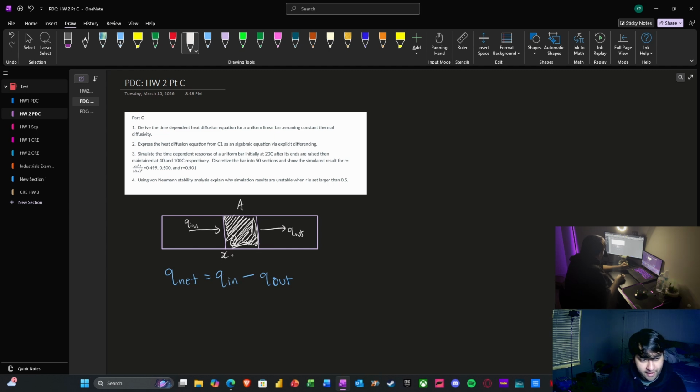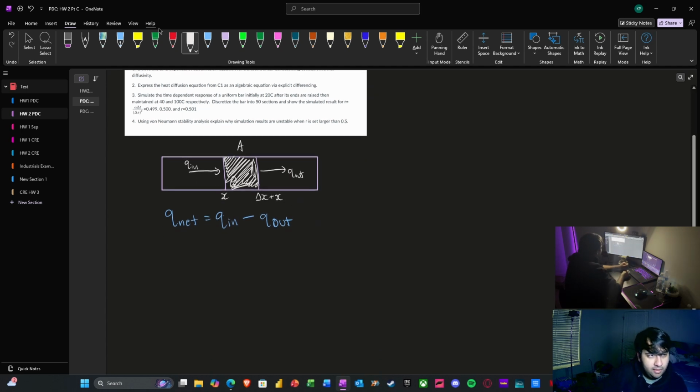So we're going to have X as our starting point, and then X plus delta X as our endpoint. And then I'm going to plug this in as Qx minus Q at X plus delta X.